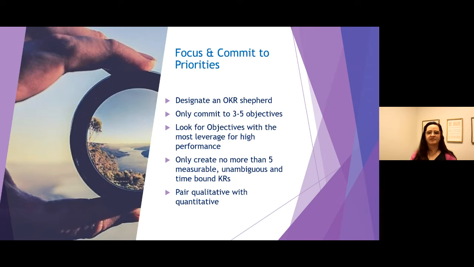Again, you want to only commit to 3 to 5 objectives, and then within those objectives, 3 to 5 key results, with 3 being your sweet spot number. Really looking for how to leverage your performance. It's okay to learn what it means to be an essentialist and to know how to gracefully turn down opportunities versus what you accept, and your OKRs can help you shape that and start to feel empowered to say, that's a really great project.